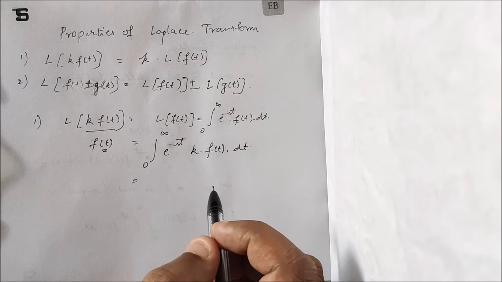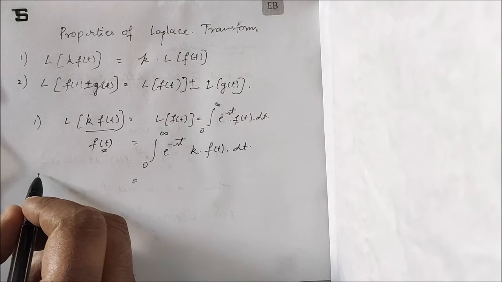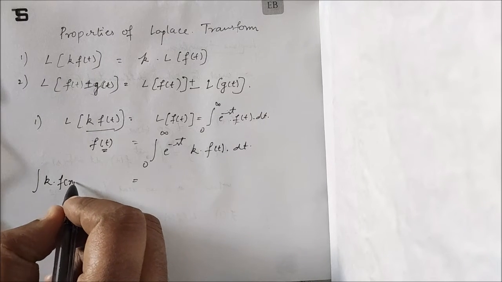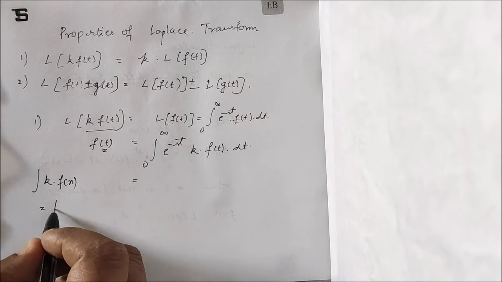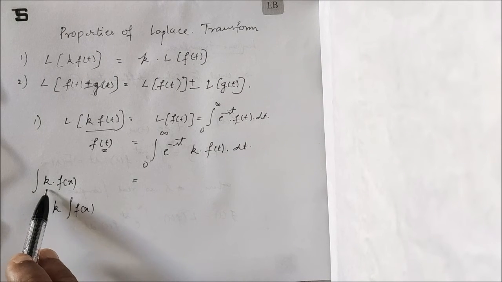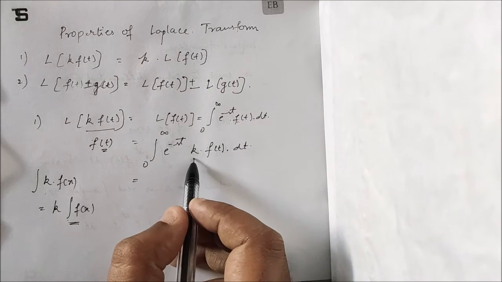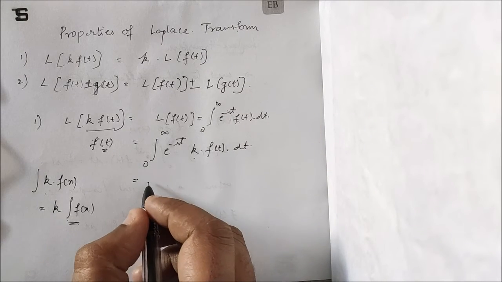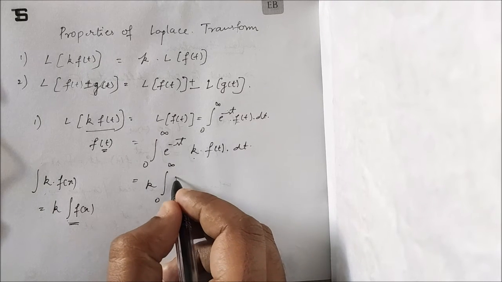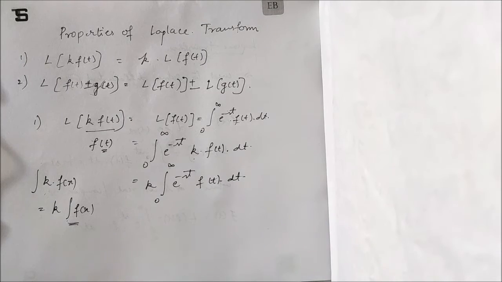from the basic rules of integration, we know that integration of any constant into function is always equal to k into integration of f of x. We are taking the constant out of the integration, so this is the basic rule. So the same thing, k is a constant, we are taking out k, integration from 0 to infinity e to the power of minus st f of t dt.